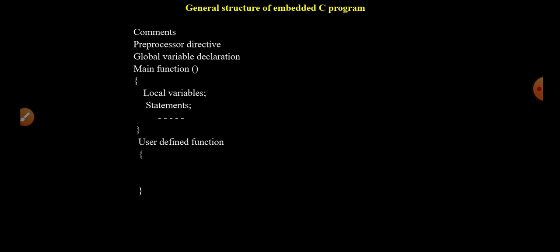Okay, so you can observe, the first field we have is the comment field, then we have the preprocessor directives, then global variable declaration, then declaration of your main function, then we have the local variables, then we have the program statements or the instructions, right? Then you may have the user defined function, right?